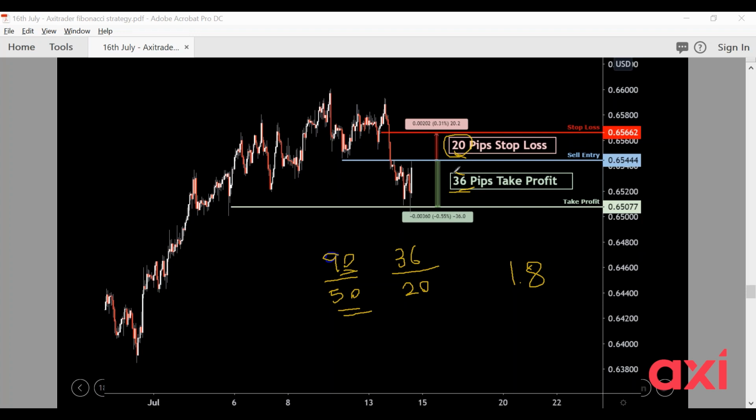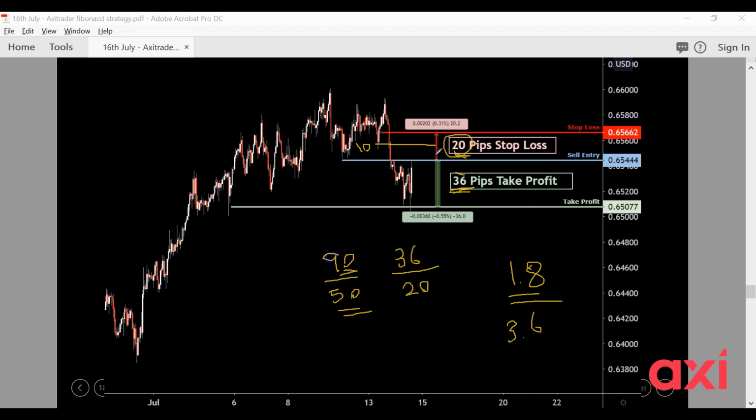In this case, risking 20 pips gives me 36 pips of profit. My risk to reward is 1.8. If my entry is so accurate that I'm confident enough to risk 10 pips instead, my risk to reward becomes 36 divided by 10. It becomes 3.6.